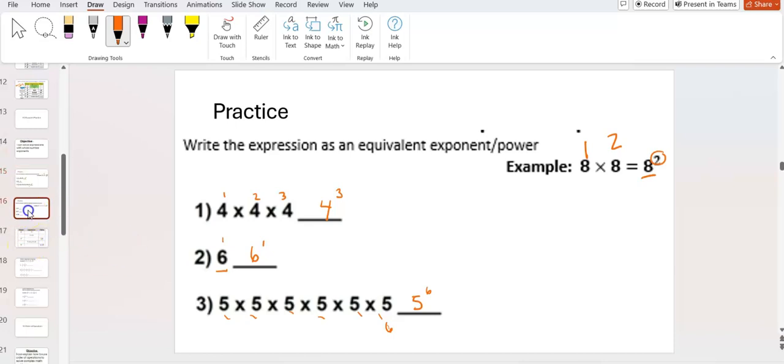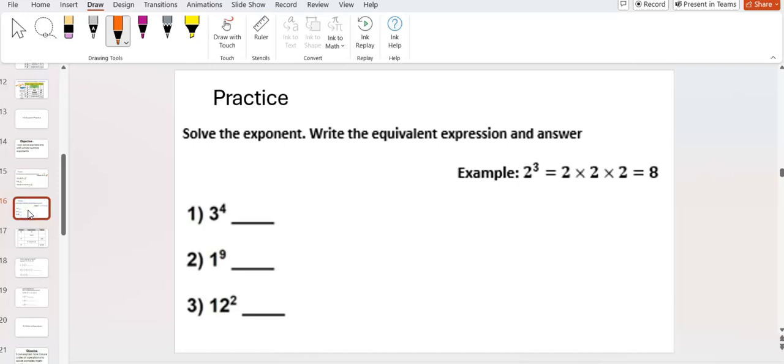So now let's practice the other way. Now we're going to go in reverse. We're going to take an exponent that's given to us, expand it, and then solve it. If 3 is the number I'm multiplying by, and I need 4 of them, 1, 2, 3, 4, then I need to actually solve this problem.